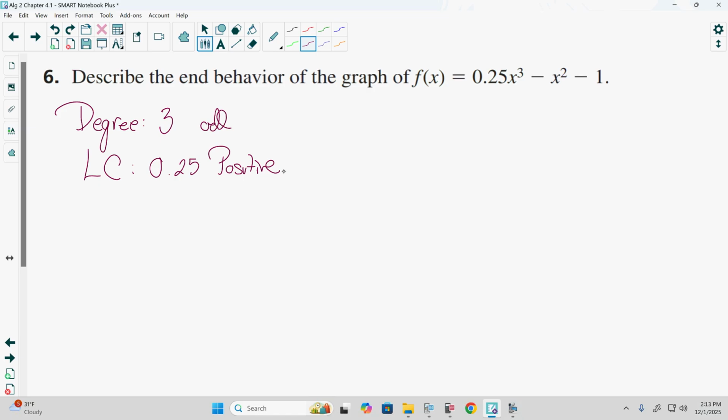So now we're looking for the set of end behaviors for odd and positive, which would tell me that f of x approaches negative infinity as x approaches negative infinity, and f of x approaches positive infinity as x approaches positive infinity.